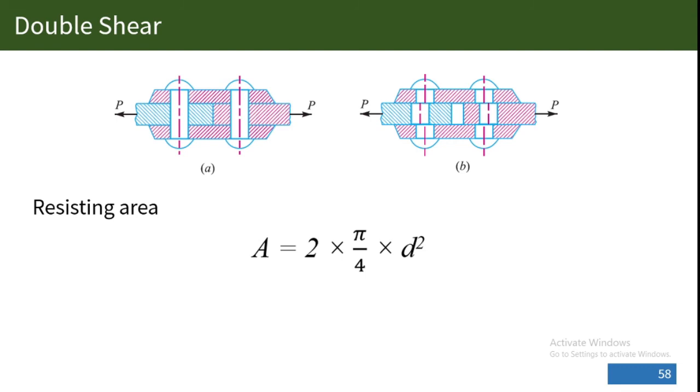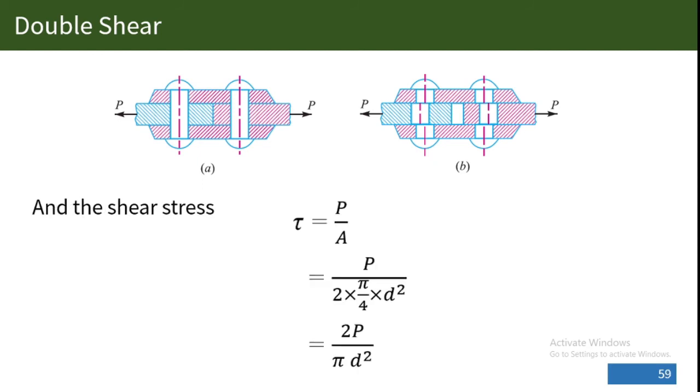In this case, the resisting area is two areas, 2 times the formula of the cross section. So 2 times pi over 4 times d squared. Okay, so this is for double shear.